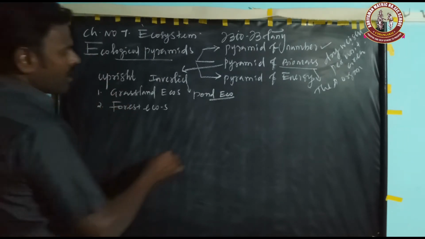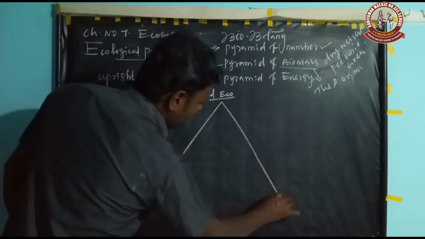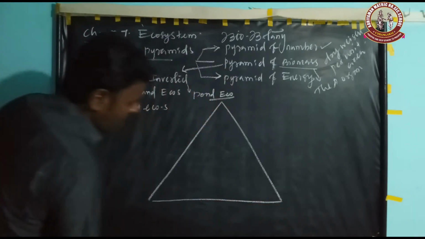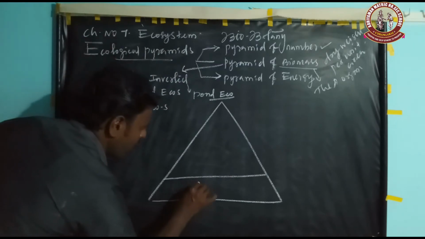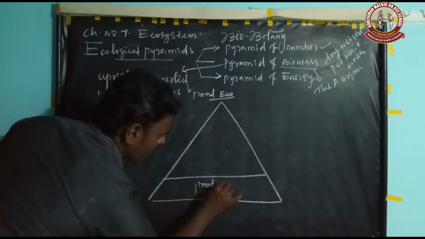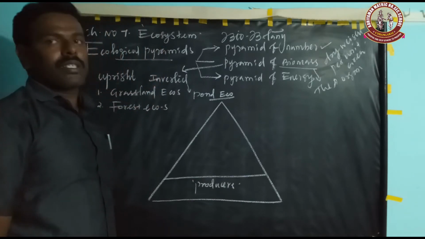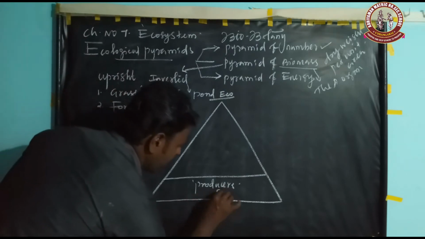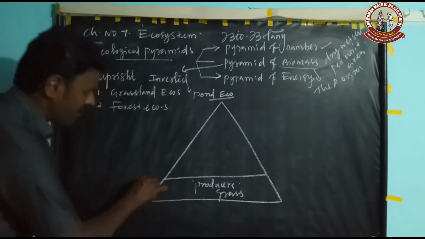First one, grassland ecosystem. In the pyramid of the grassland ecosystem, the base of the pyramid is the producers. The producers are mostly or always grass, and that is trophic level 1.